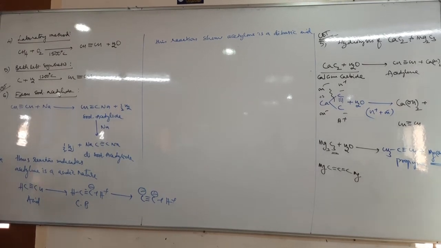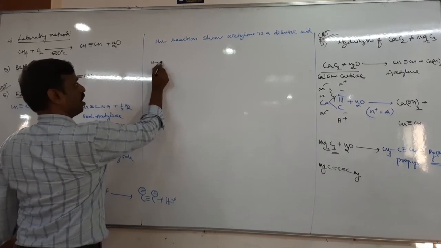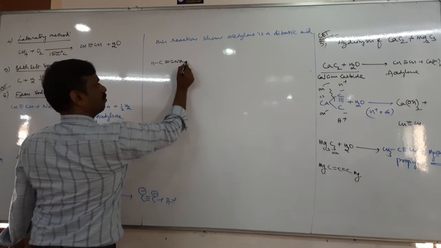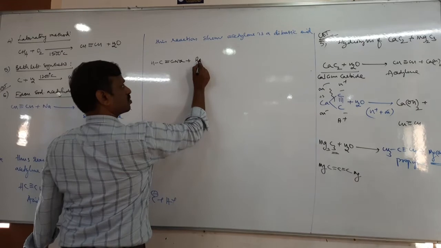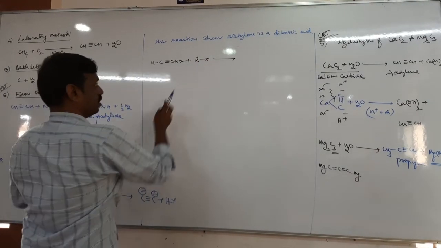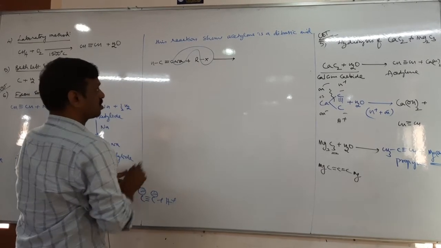Now our question is, we are preparing the alkynes. We are preparing alkyne from where? Sodium acetylide. So here let us take sodium acetylide, which reacts with any alkyl halide. You can take RX, any alkyl halide. Then sodium and halogen are removed as NaX.